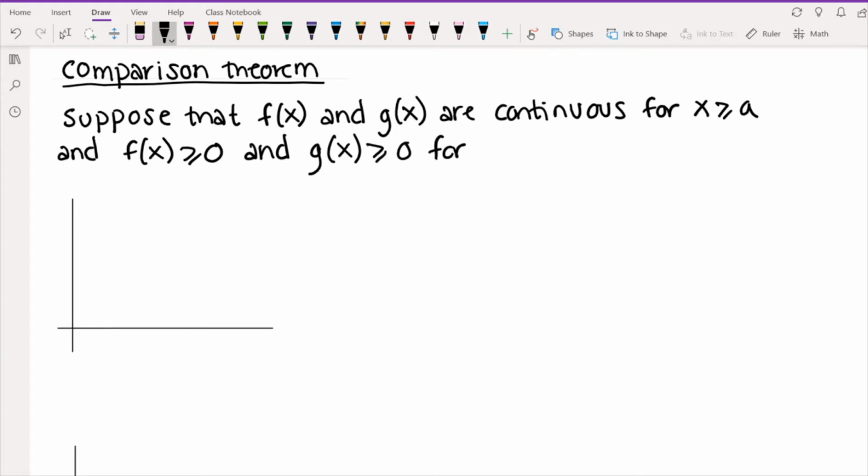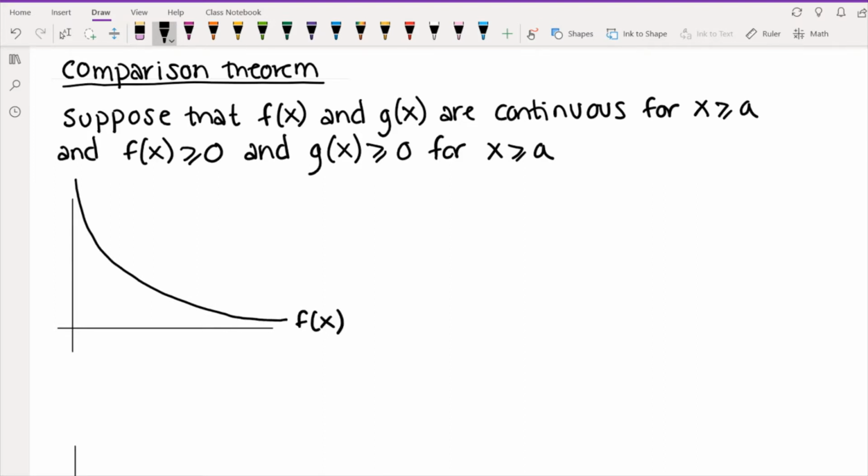Okay, so that's the technicalities out of the way. So let's say that you have a function f of x, and you know that that function converges. So I'm just going to sketch some random graph of what could be f of x. So let's say this is f of x, and let's say we know it converges.